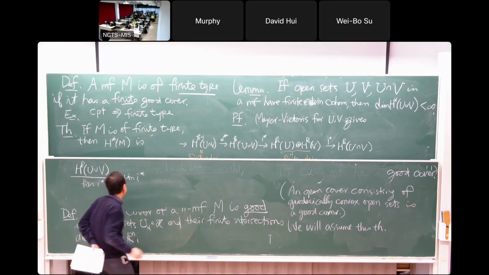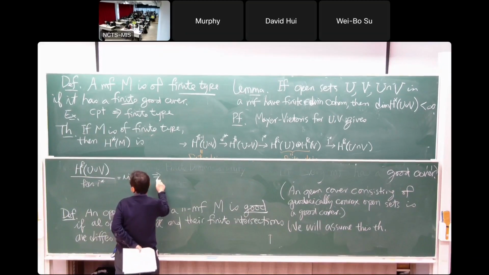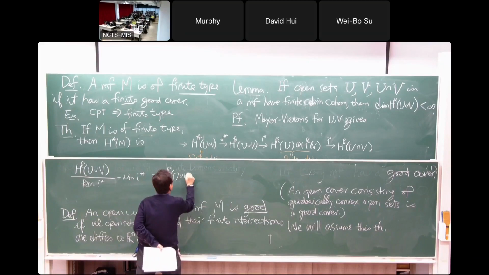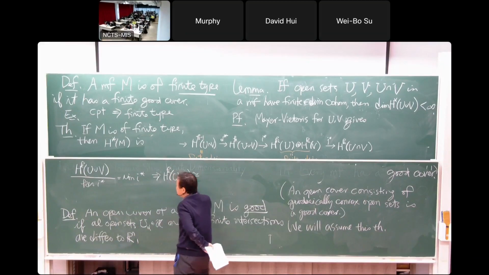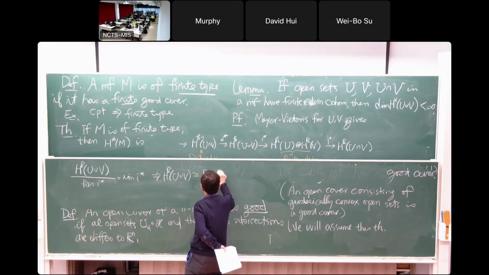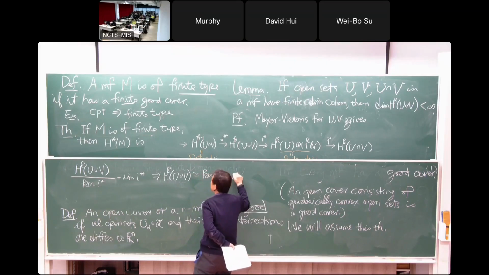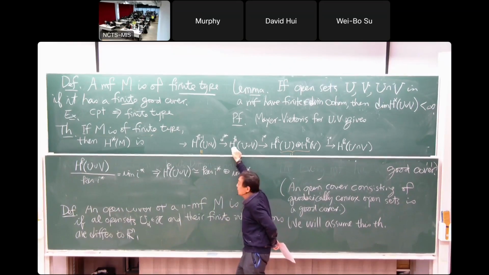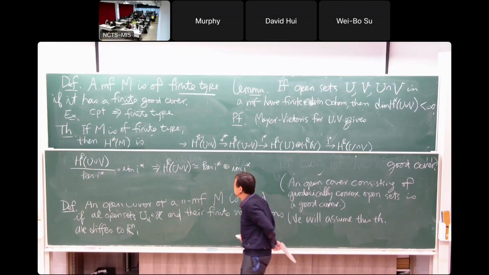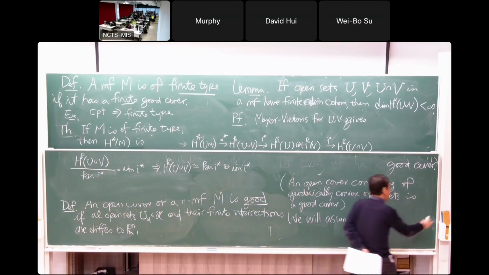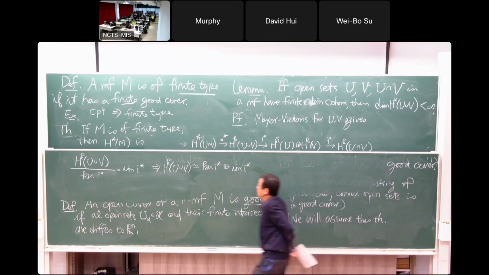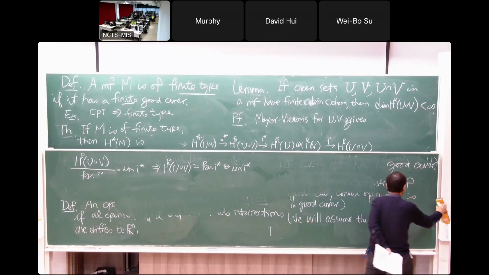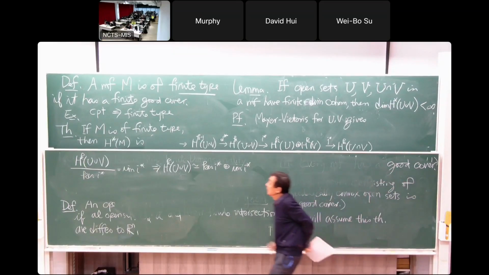So this implies that as vector spaces, this is isomorphic to the kernel of i star direct sum the image of i star, because vector spaces are determined completely by their dimension.